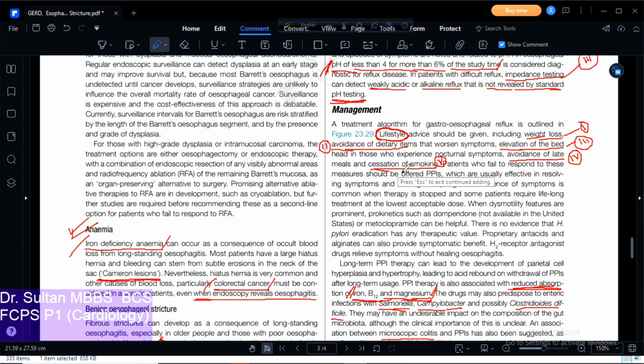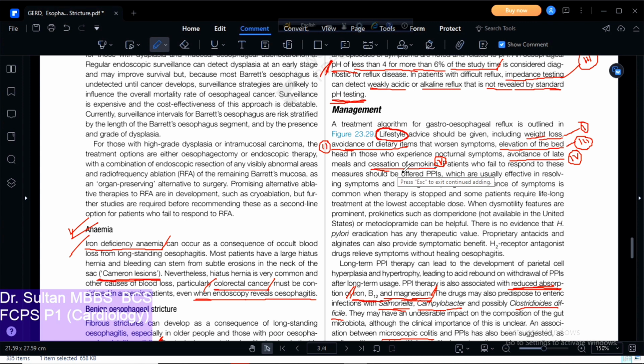Also advise to avoid late meals, okay. If the people with reflux disease have a late meal and with the full stomach go to the bed and go to sleep, he will have nocturnal symptoms. So you have to advise to avoid late meals, okay.